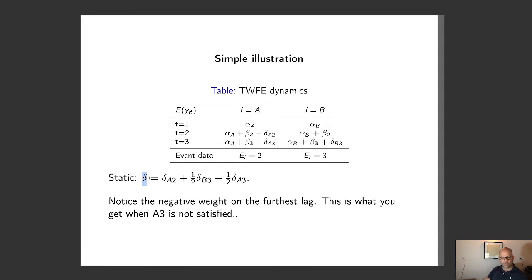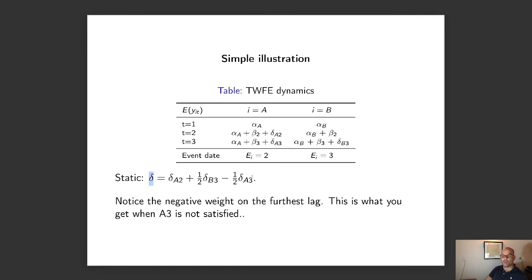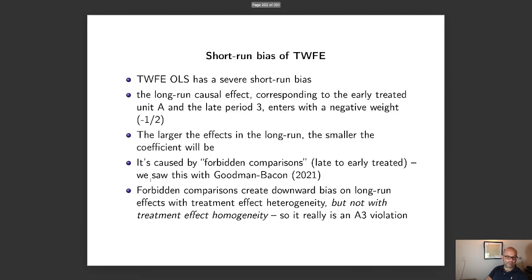Although if it is homogeneous, that cancels out and you'll end up with just this 1. But if it's heterogeneous, then you've got this final term here lagging it down. So notice when you don't have homogeneity, you have this attenuation bias on the static parameter.